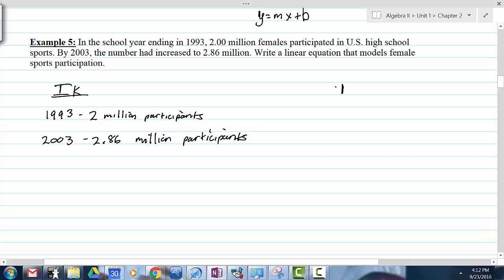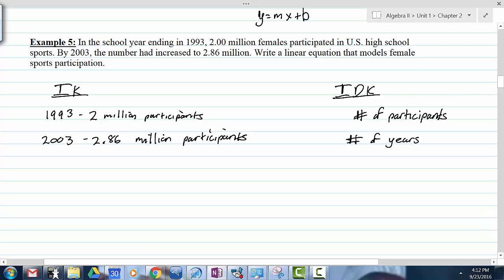So when we go over to what I don't know, the first thing you don't know, the thing that varies in this case, is the number of participants. That's the first thing that varies. The next thing that varies is the number of years.